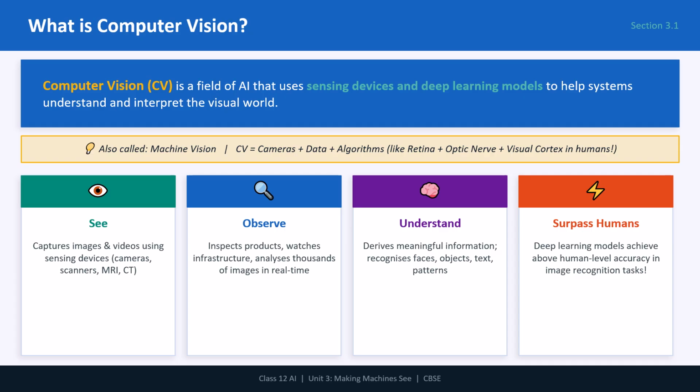Write this down. And here's a bonus point. Computer vision is also called machine vision. This has come up as an MCQ multiple times. CV is also known as, and the answer is machine vision. Don't forget this.